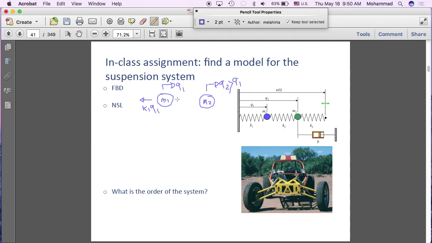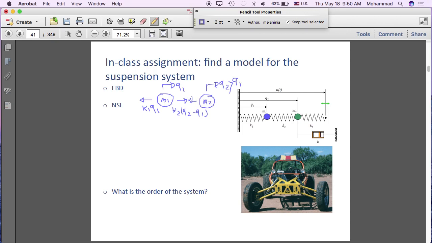So if that is the case, then we have the force applied on mass 2 by the second spring this way. So that's K2 (Q2 minus Q1). And the direction on the second mass would be opposing, in the opposite direction, but the amount of force would be the same. That's all for mass 1.